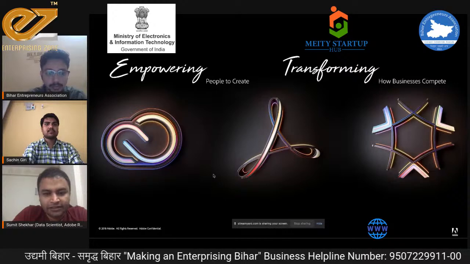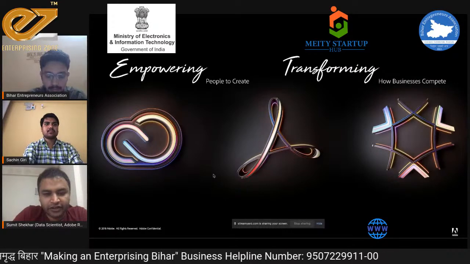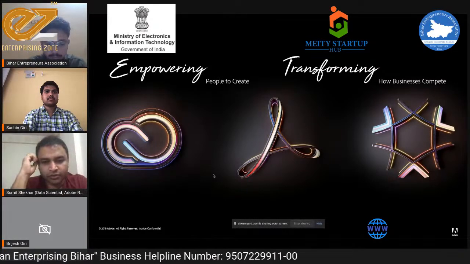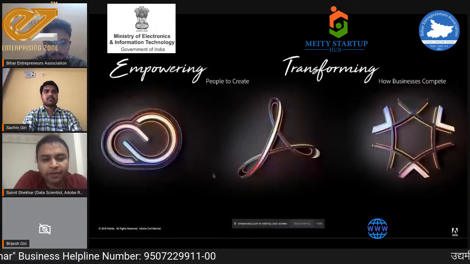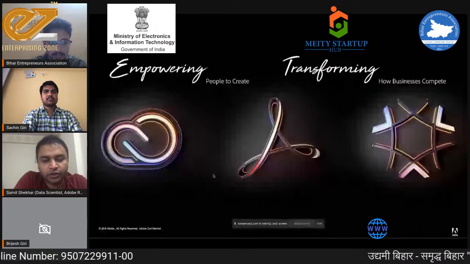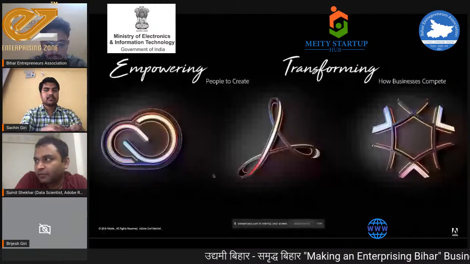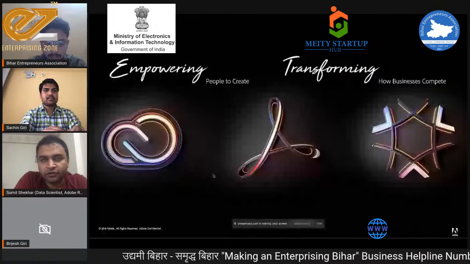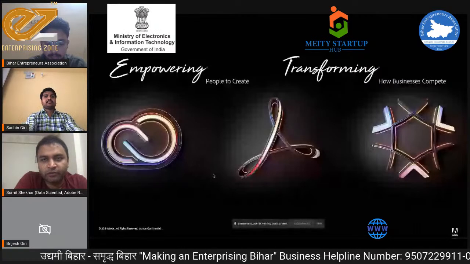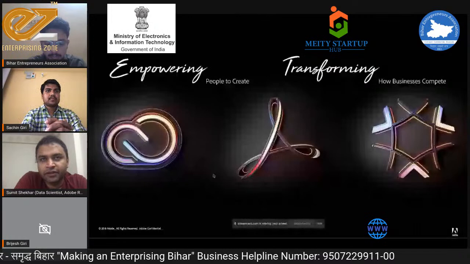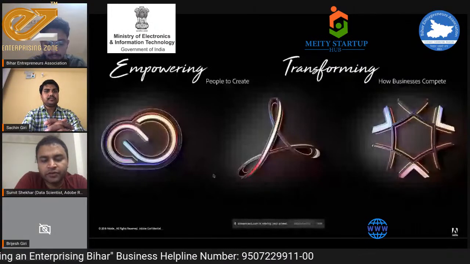The second icon you see is of PDF, the Document Cloud. This includes primarily the PDF format and all the offerings around documents. Adobe was the creator of the PDF format, and PDF has been in existence for 25 years now.